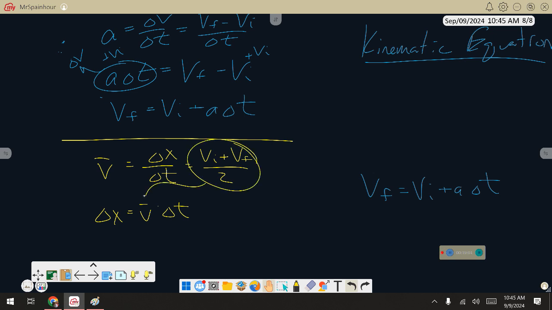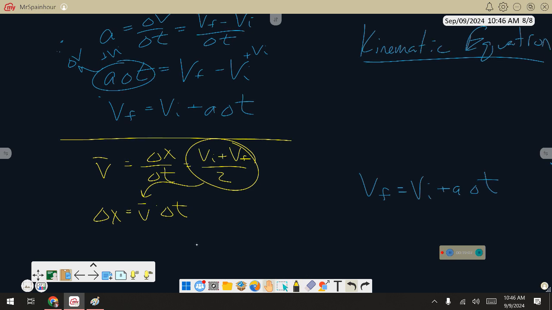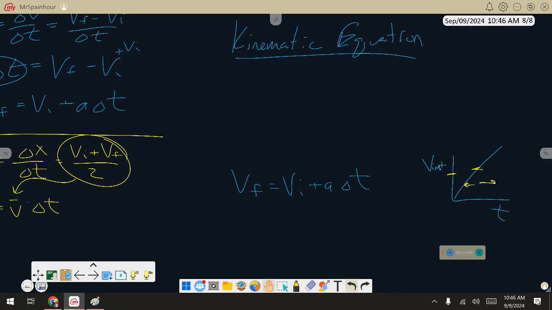So I can substitute it in here, and the equation would become, let's just go ahead and write it over here. The next kinematic equation, which I'm going to write in the first spot, delta x equals average velocity, aka that, times time. And now I've got a kinematic equation that has brought delta x into the fold.